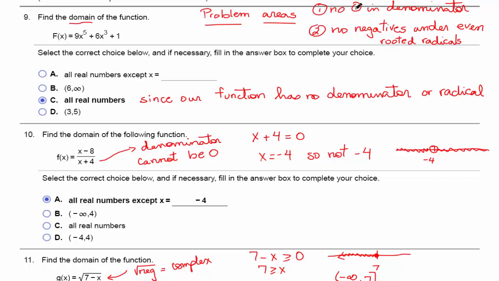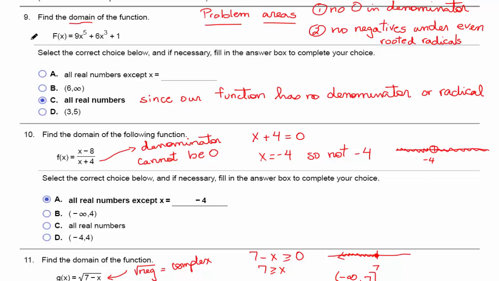We can't have 0 in a denominator, because if I have a number divided by 0, that's undefined. Similarly, I can't have negatives under even-rooted radicals, because if I had a square root of a negative number, that would mean it's a complex number.